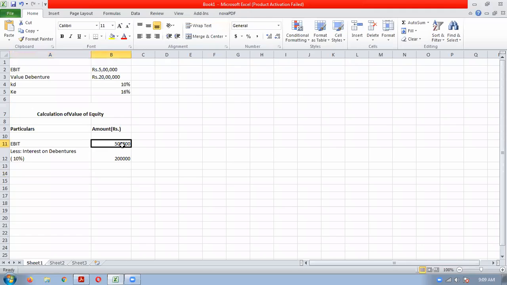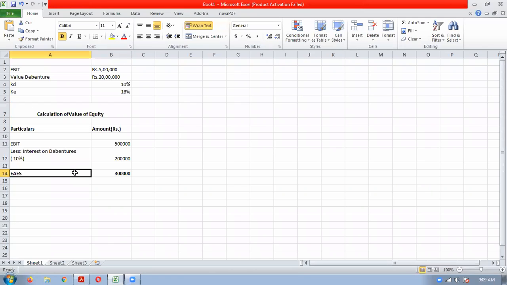So if from EBIT you reduce the interest on debenture, we will get the earnings available to equity shareholders. Clear? This part is very important. EBIT minus interest will become earnings available to equity shareholders.